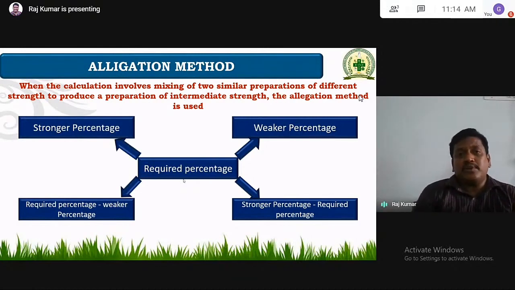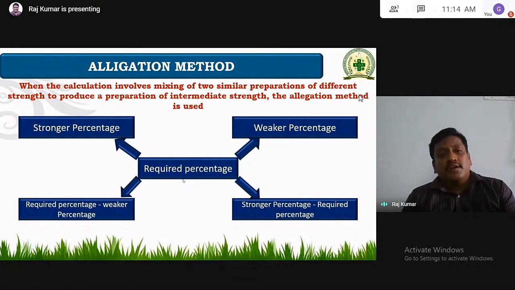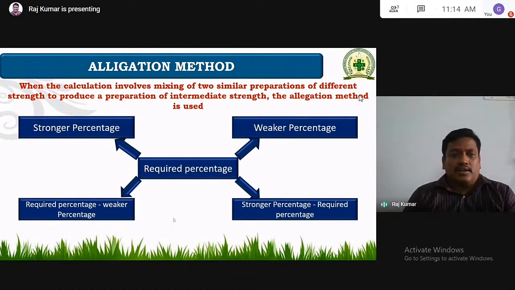for example, your SAR tells you to prepare a 30% concentration of alcohol from 10% and 50% alcohols, then you can prepare this by using the alligation method, because the 30% is in between these 10 and 50.